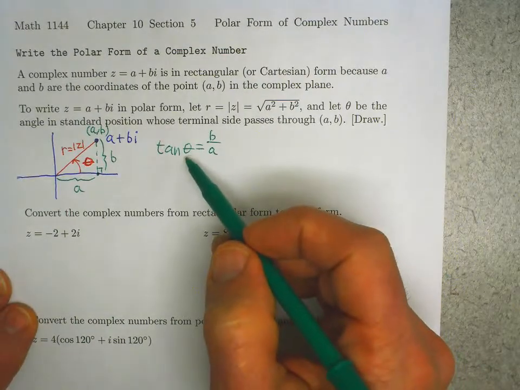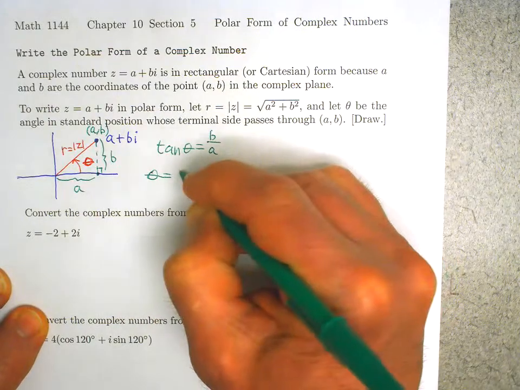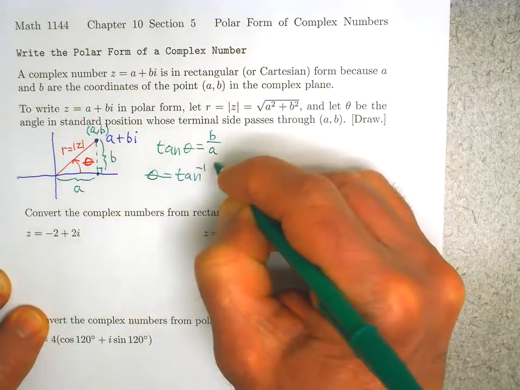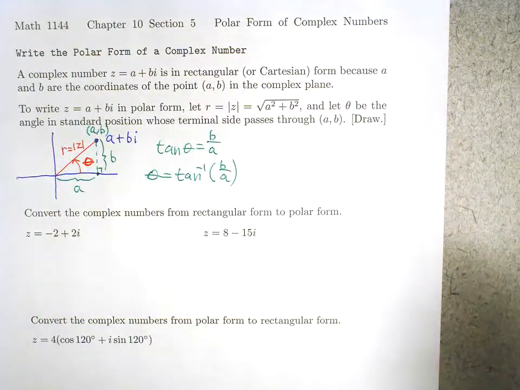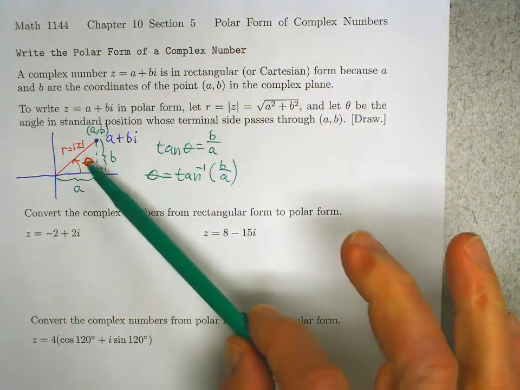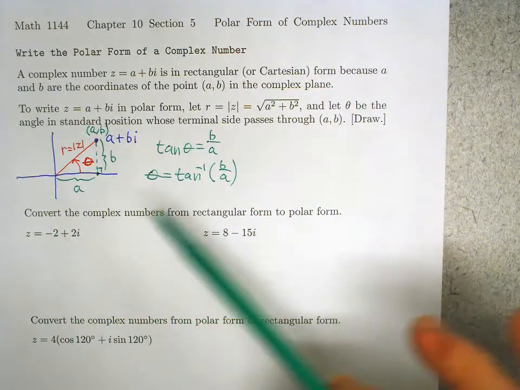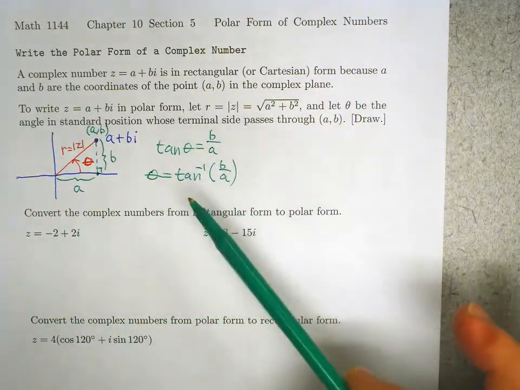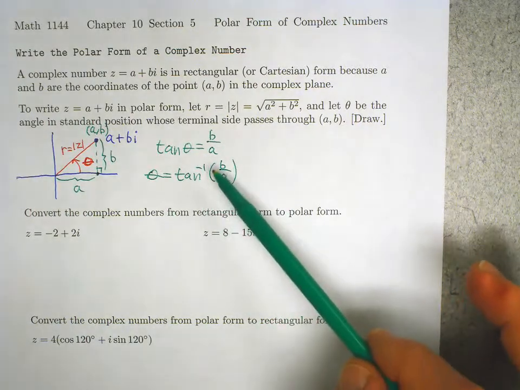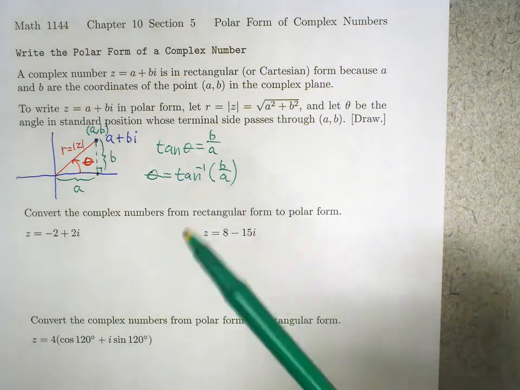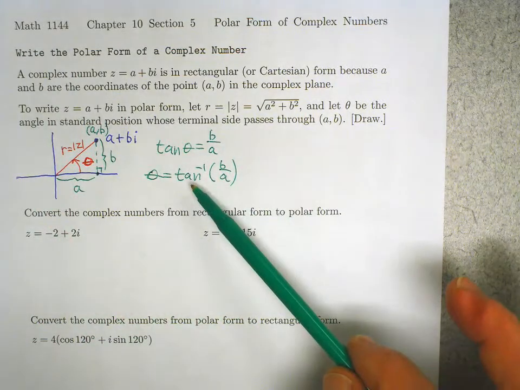If theta is in the first quadrant, then theta is just the inverse tangent of b over a. And you'll remember that if theta is in the second quadrant, then theta is not equal to inverse tangent of b over a, but we can use inverse tangent of b over a to find theta. In that case, it would be pi minus inverse tangent of b over a.